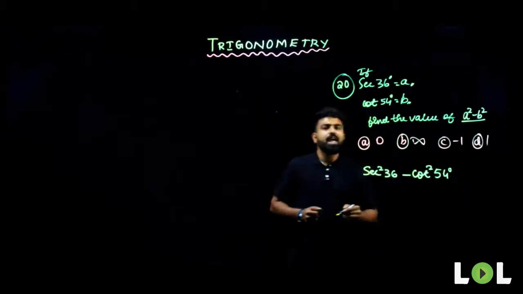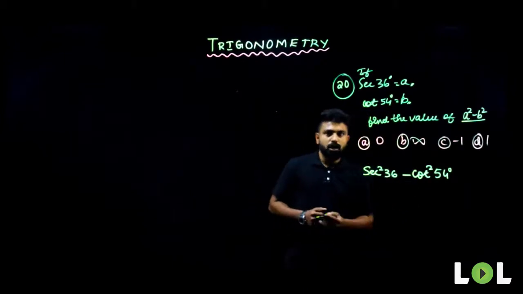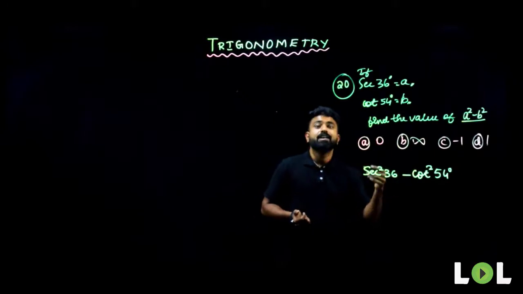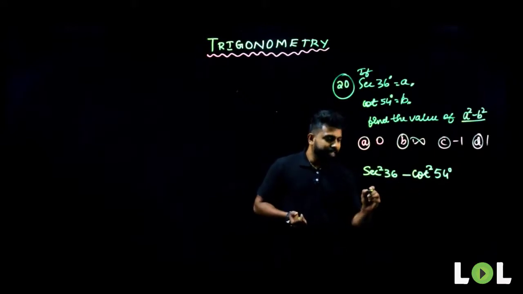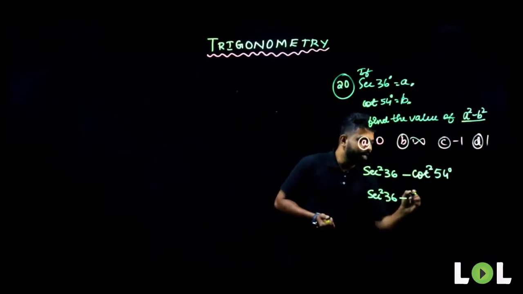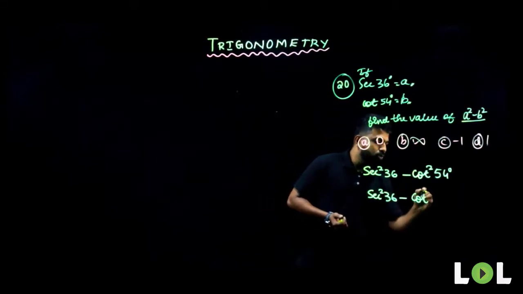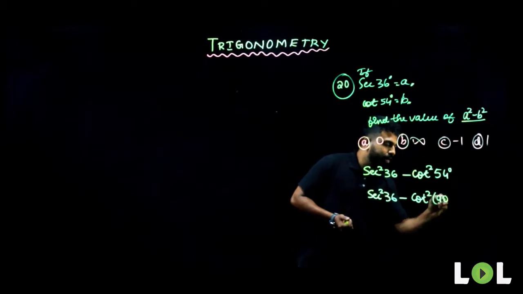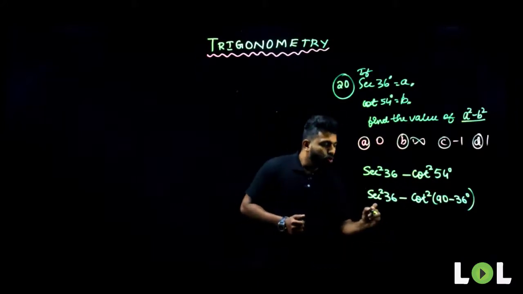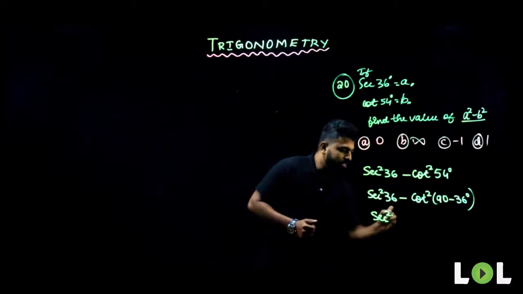Do we have any identity relating secant and cot? No. We have an identity relating secant and tan. So what can I write this as? I can write this as secant square 36 minus cot square of 90 minus 36 degrees, because 36 degrees and 54 degrees are complementary to each other. So what will I be left with?